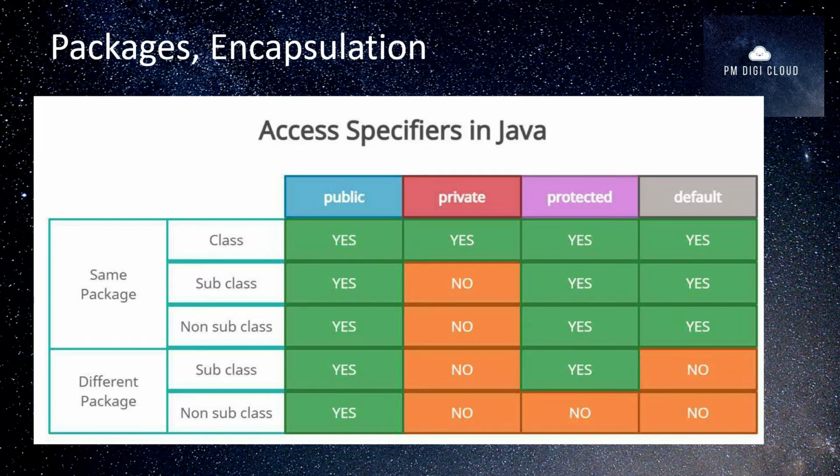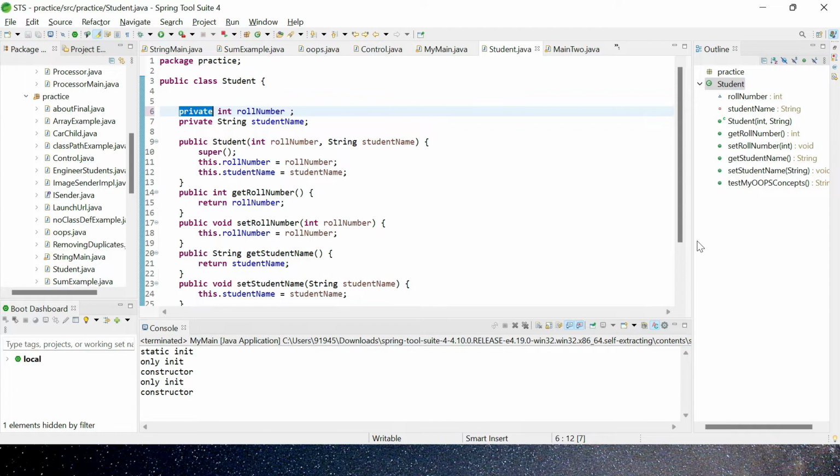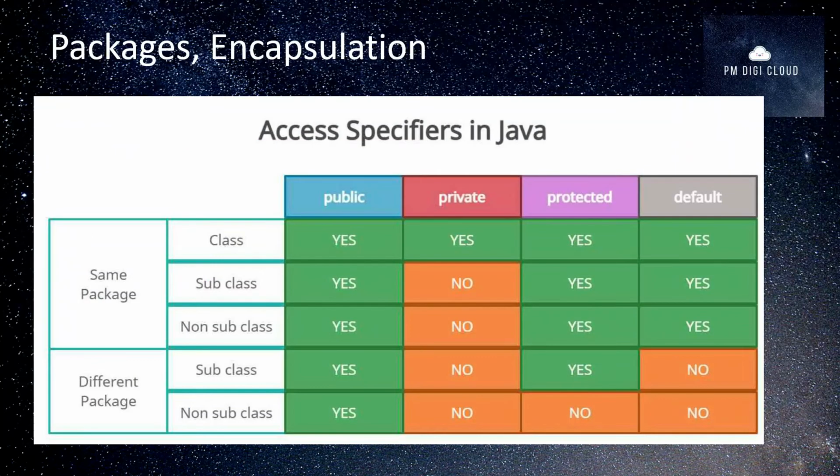But if you try to access the same thing from a different package, then it won't be accessible. Similarly, for any method you define as public, private, or protected, the access has been defined accordingly. Private, as we have already seen, means the variable or method can be accessed only in the same class. In default, it can be accessed in the same package.